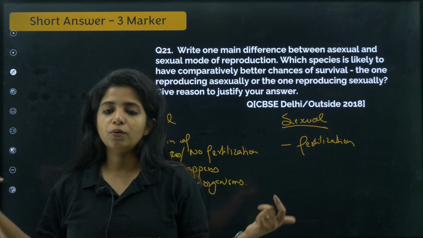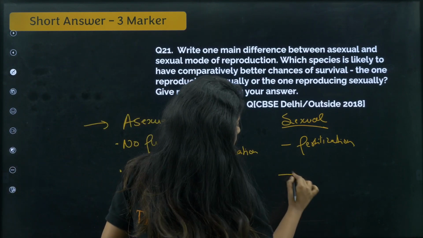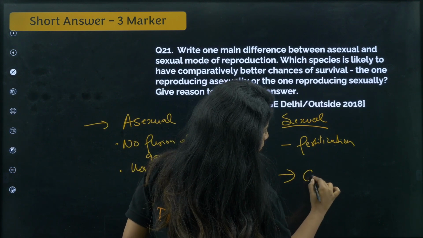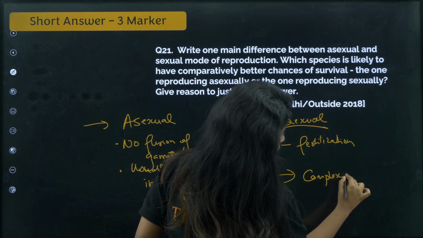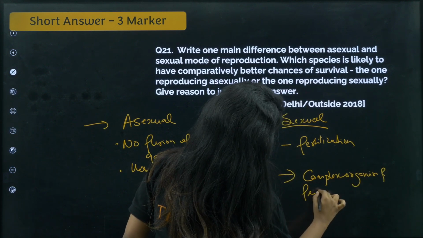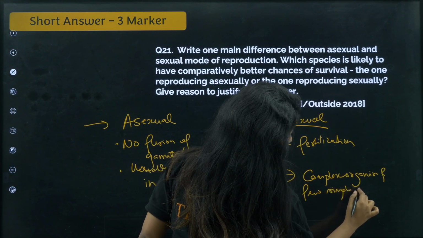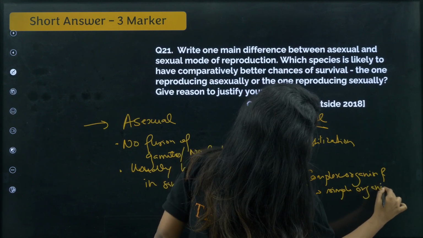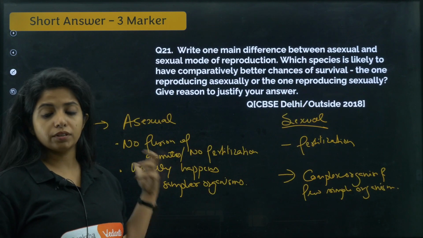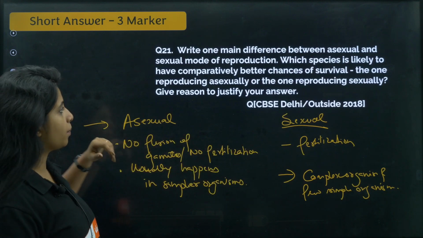That is possible? No, it is not possible. So basically, sexual reproduction usually happens in complex organisms and few simple organisms as well. Okay, then you can give example, binary fission, this and that. Here you can give examples of different things.